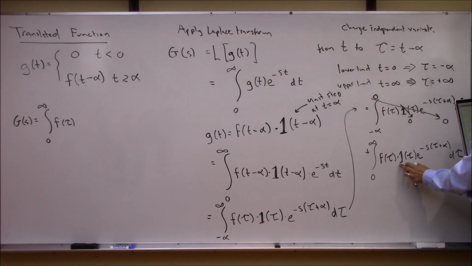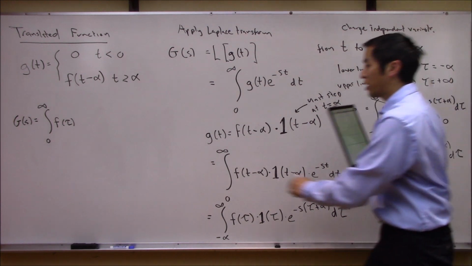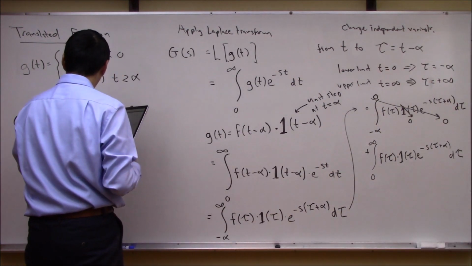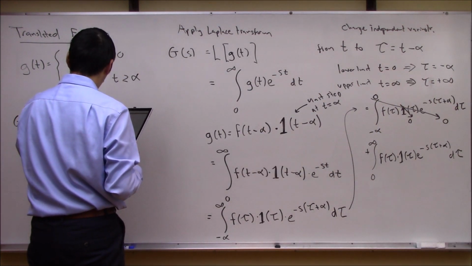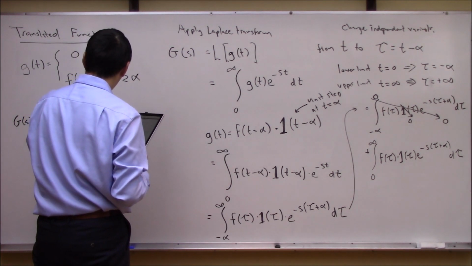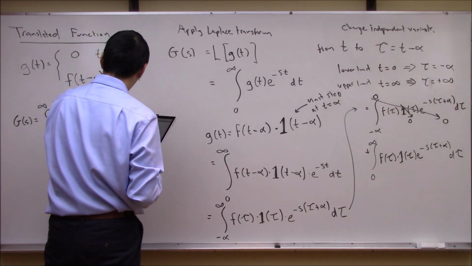So this is basically a 1, and I don't even need to write the unit step any longer. Let's just get rid of it. What I can say is that it's just f times e to the negative s times tau plus alpha, d tau.